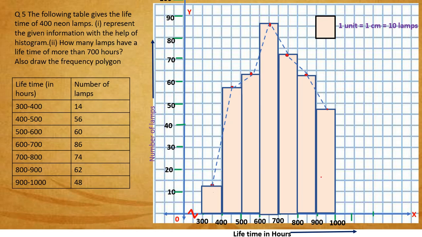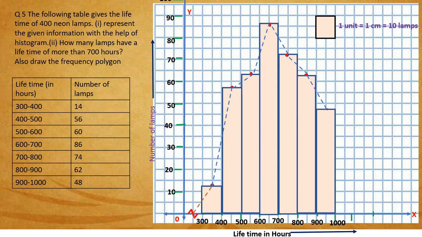Now what are the starting and ending points of this frequency polygon? This dotted line shows the frequency polygon. Here, as we have drawn the midpoint of the class interval 300 to 400, before this 300 there is 200 to 300, whose midpoint will be 250.